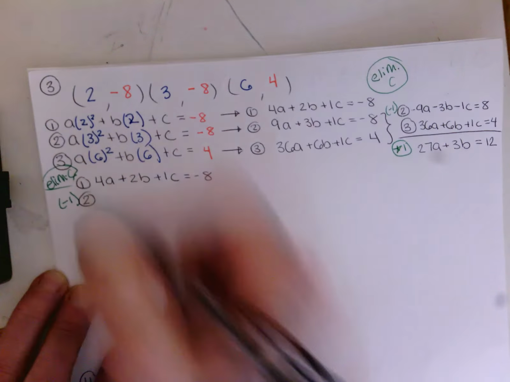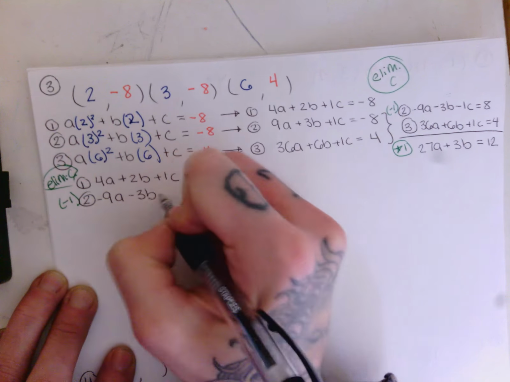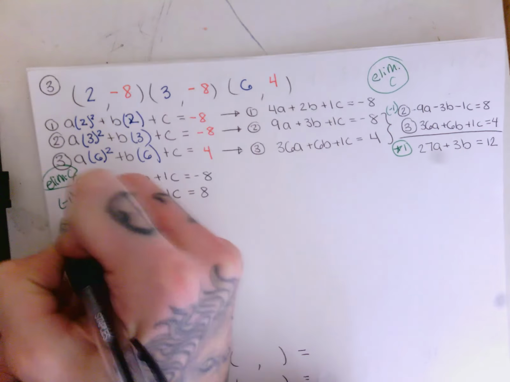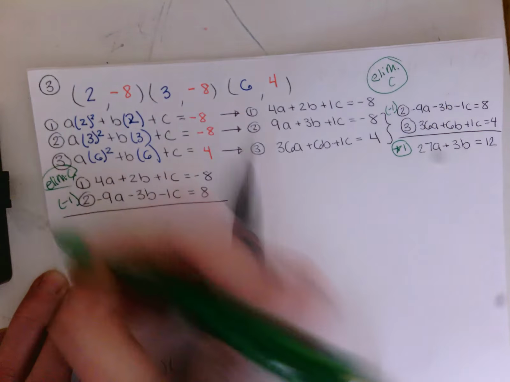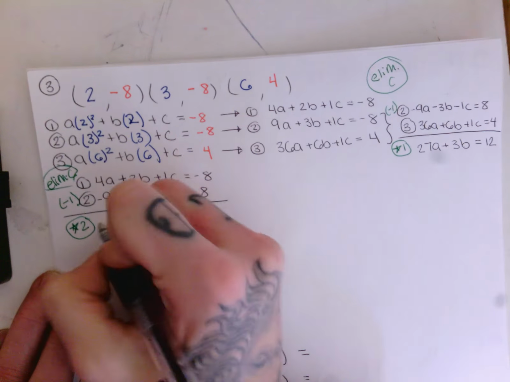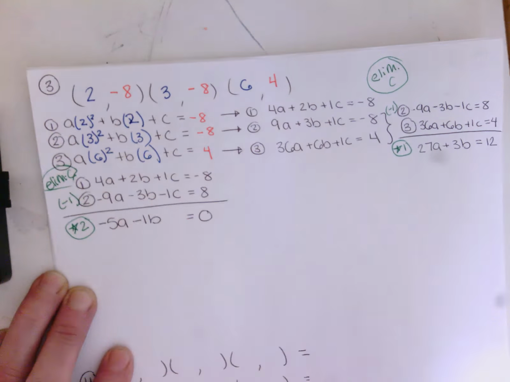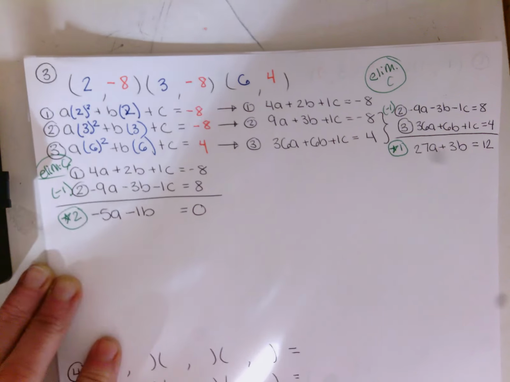Second equation will now have -9a minus 3b minus 1c +8. This is going to give me my second star equation. I've got a minus 5a, a minus 1b. My c's cancel. Now, 0 is a number. Don't let 0 confuse you.